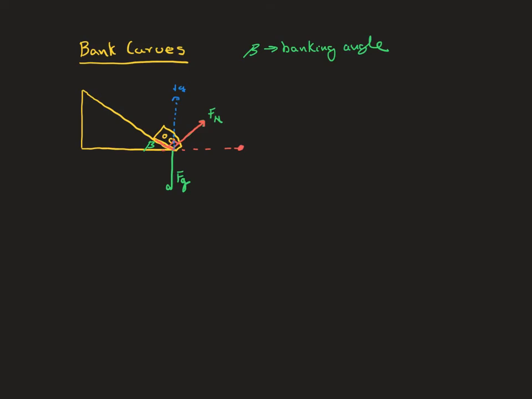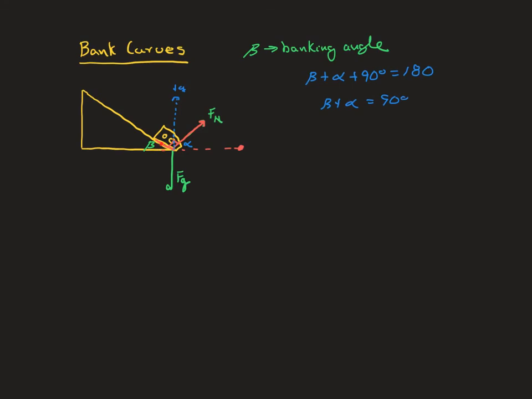Alright, so follow along. Because this here is 180 degrees, and this here and here is 90 degrees, this angle in here, I'm going to call it alpha. Beta plus alpha plus 90 degrees equals 180 degrees. So that means that beta plus alpha has to equal 90 degrees.